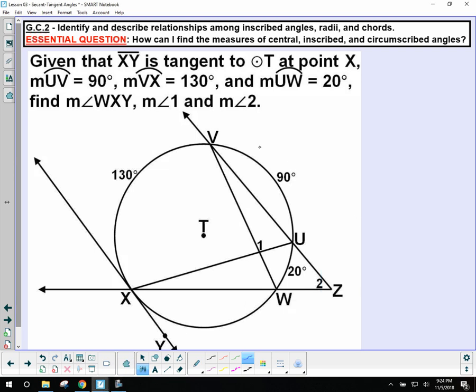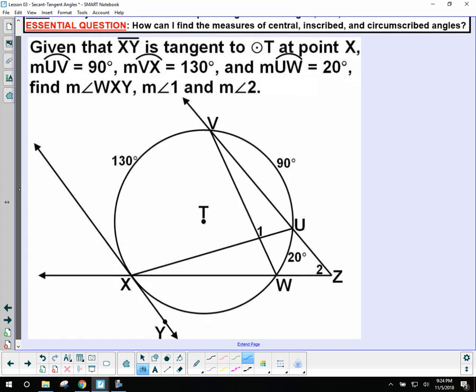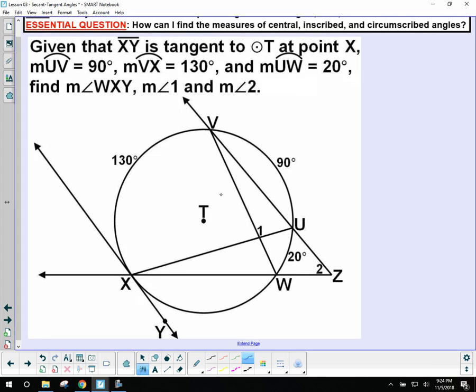T is the center. We got a tangent. We need to find angle WXY. We need to find the measure of angle 1 here, and then we need to find the measure of angle 2. Guys, this does look pretty tough, but if you just take a look, it's easier than you think.